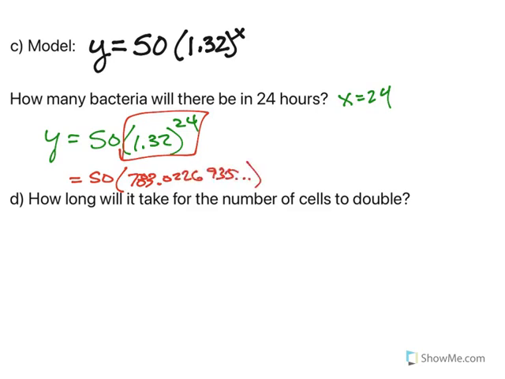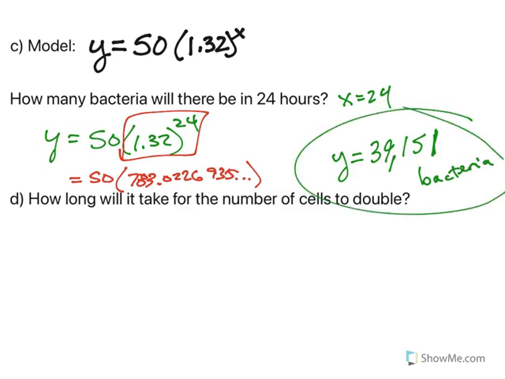Keep that in your calculator and then hit times 50, and we end up with roughly 39,151 bacteria. Can't read my own handwriting, y'all. There's a lesson there. So 39,151 bacteria after 24 hours.